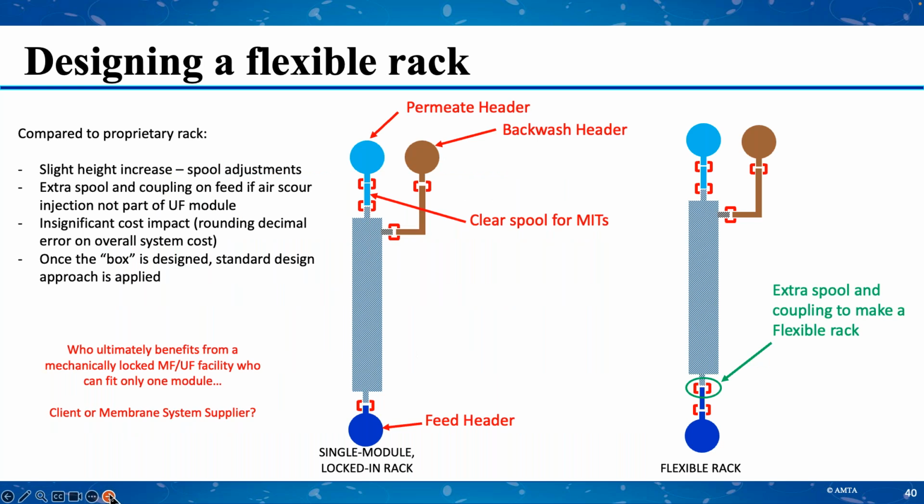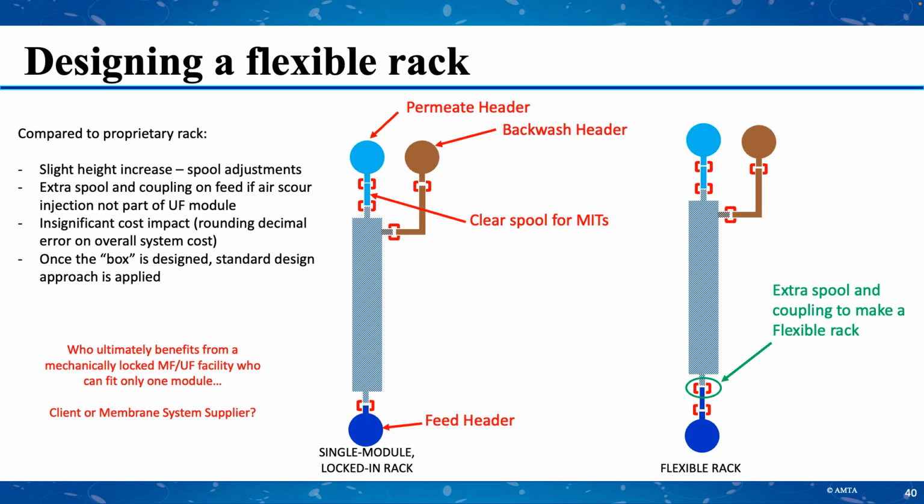In terms of the design, we talked about this a little bit through the previous slides, but I'll offer a couple other things here. Compared to a proprietary rack, which you have here in the center, when you install a UF module, you need a connecting spool on a permeate at the top. That's going to be clear to see, if you have any integrity issues, to look at bubbles if you have broken fibers.